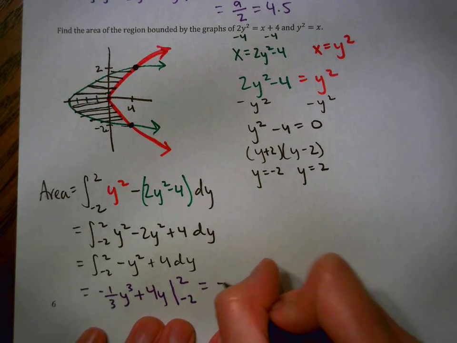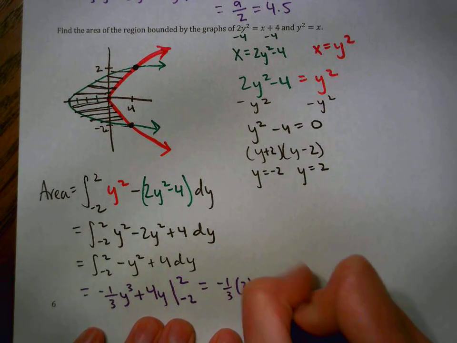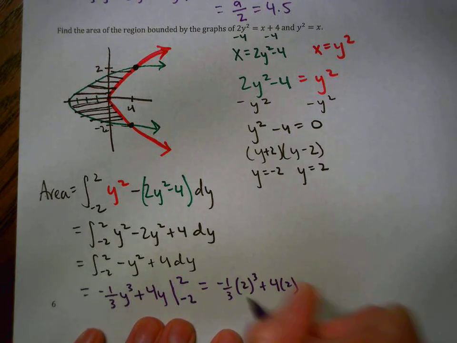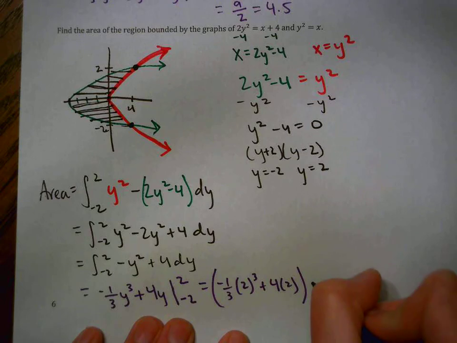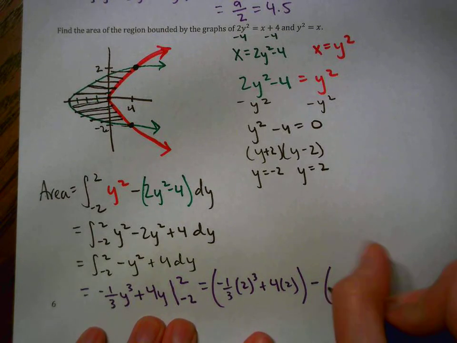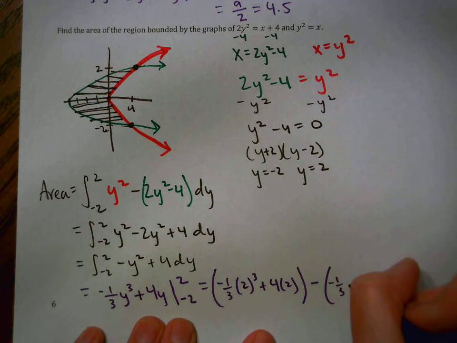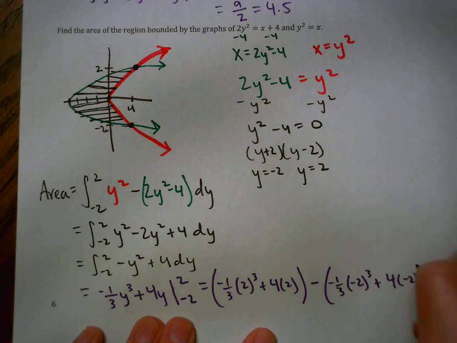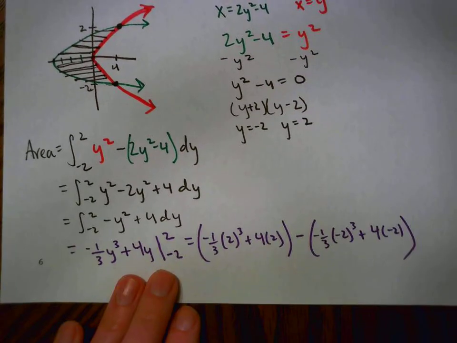So we have -1/3 times 2 cubed plus 4 times 2. That's f of b. Now you have minus f of a, so -1/3 times -2 cubed plus 4 times -2. Now we clean this up.